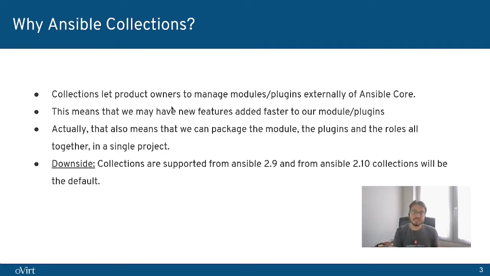So this means that when we ask for a new feature for our module or our plugin, we don't have to wait for the next stable release of Ansible, but we just have to wait for the release of our oVirt collection.